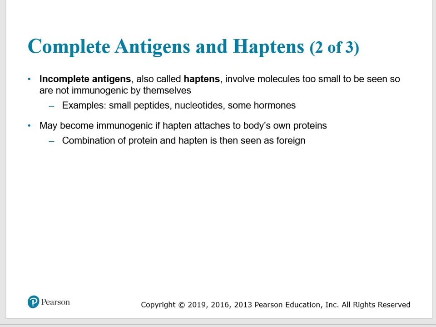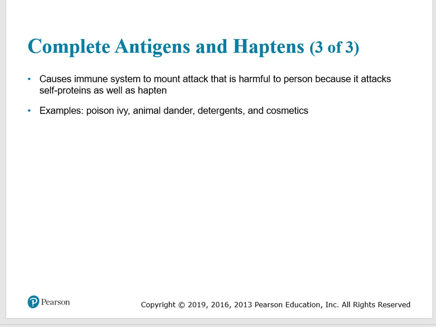That complex formed with the hapten and our self protein now causes an immune response in our body. That's why they are called incomplete antigens or haptens. It can be poison ivy, dander, detergent, cosmetics. All of our cosmetics are nanotechnology, and the nanotechnology in our body has not been researched heavily.